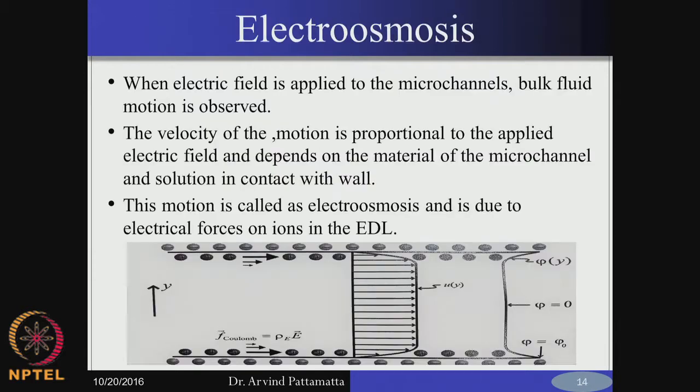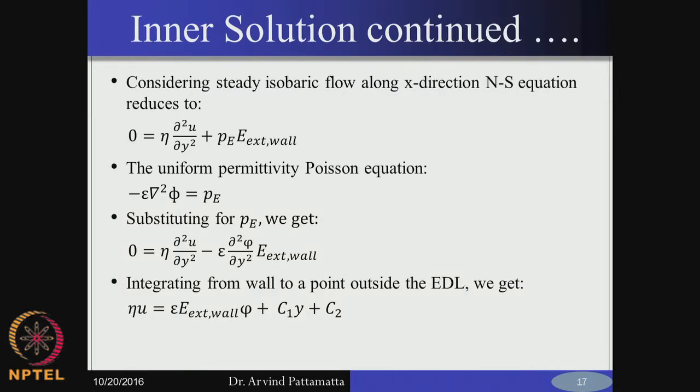We substitute that into the term rho E on the right hand side, and if you express this, this becomes the kinematic viscosity times d square u by dy square minus epsilon, the permittivity, into d square phi by dy square. This is coming from Poisson's equation, into the external electric field.